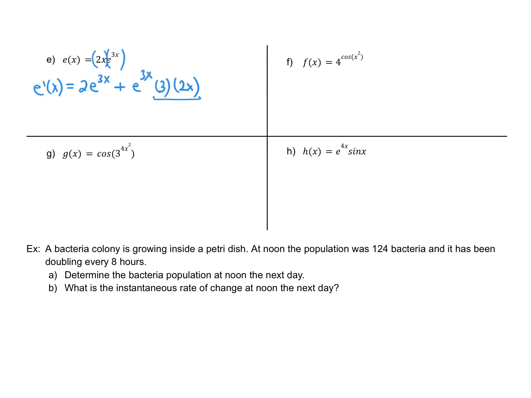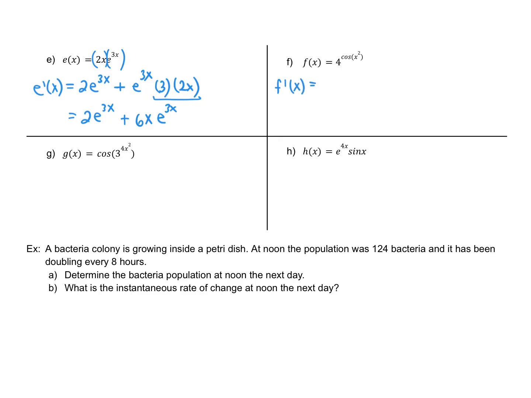Just going to clean up this part here. 2 times e to the power of 3x plus 6x times e to the power of 3x. If I did have to do something with a question like this, I would factor out e to the power of 3x, and then I'd be able to set my derivative equal to 0 and solve.